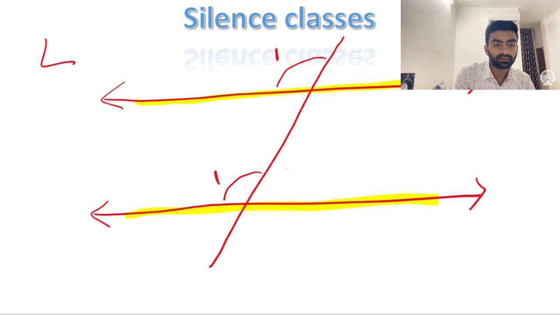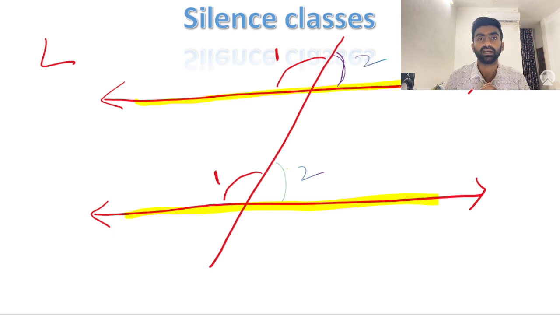If we take an exterior angle of the right hand side, then we have to take the interior angle of the right hand side. So one interior and one exterior are known as corresponding angles.